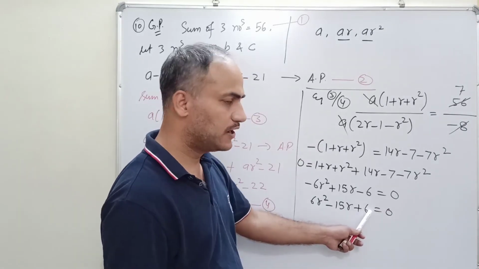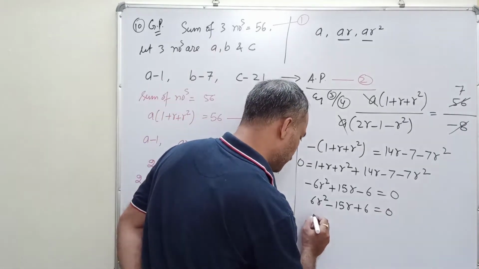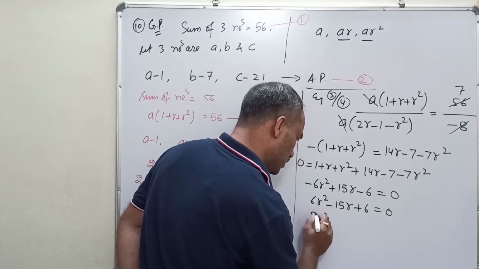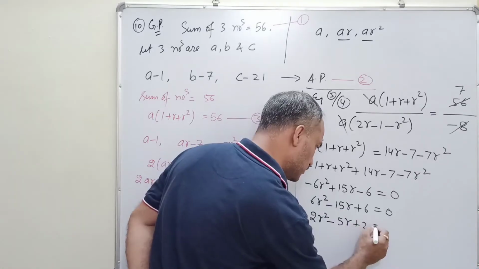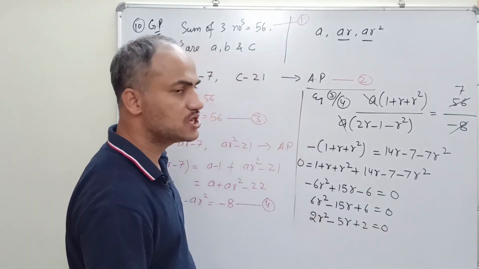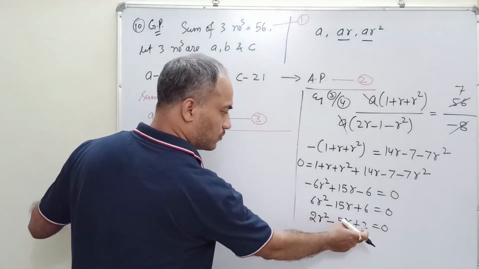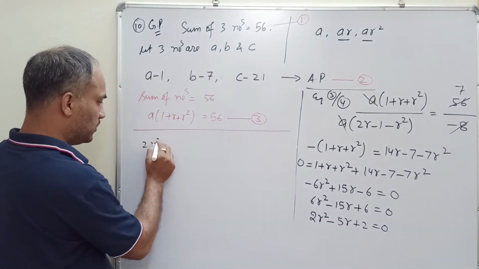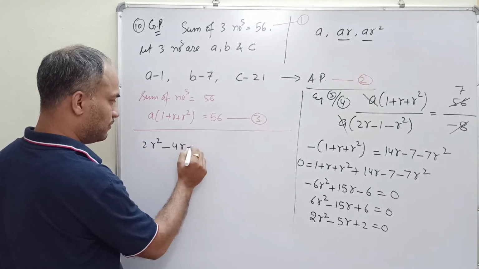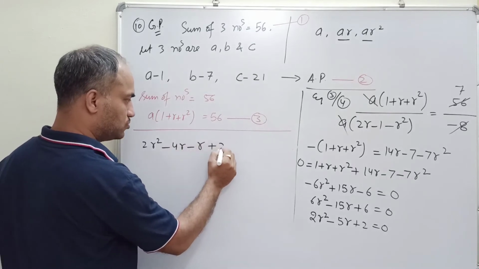With 3 we can divide. So 3 2s are 6 and 3 5s are 15, and 3 2s are 6. This is an easy equation now: 2r square minus 5r plus 2 equal to 0. 2 2s are 4, and factors of 4 are 4 and 1. So 2r square minus 4r minus r plus 2 equal to 0.